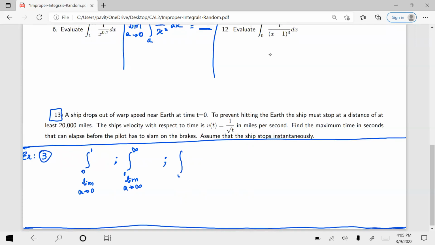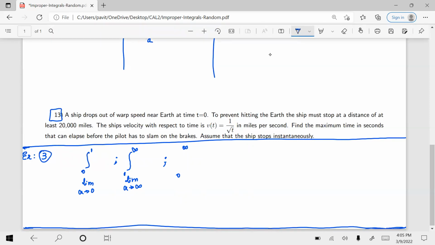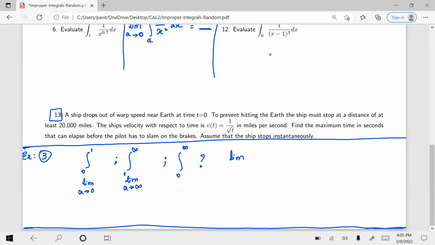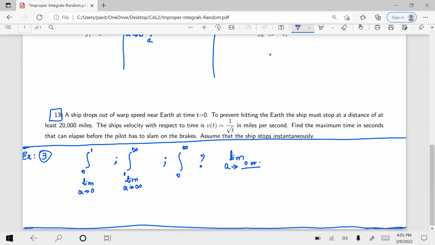Now, what if you have 0 to infinity? What do you do then? What will you take limit a tend to? Is it 0 or infinity?